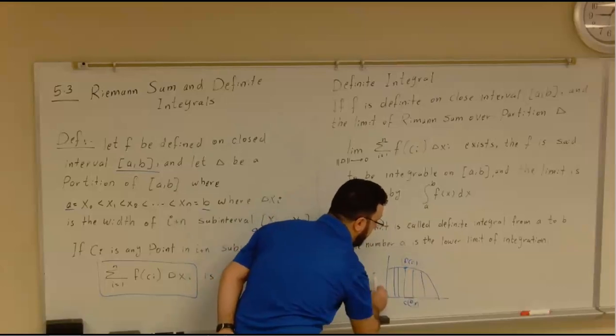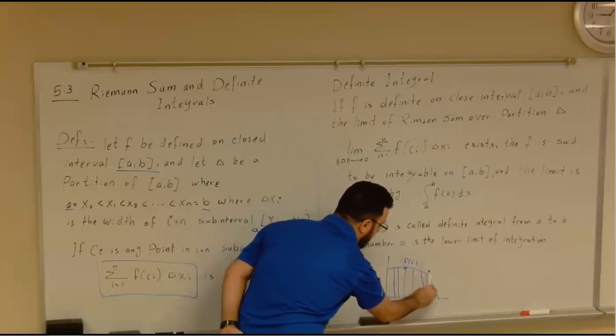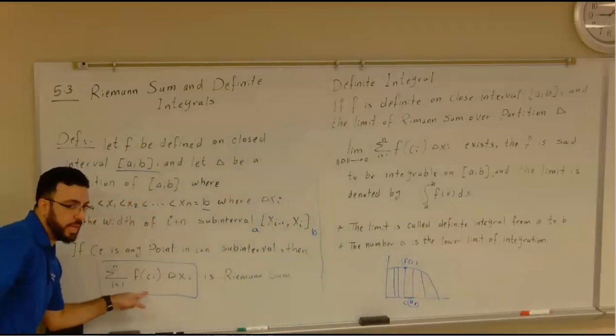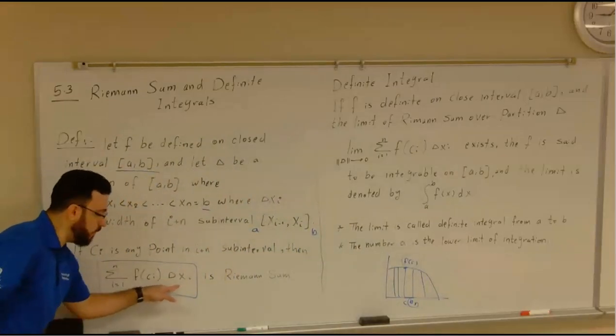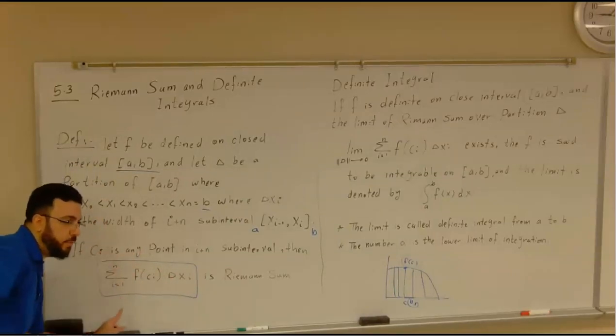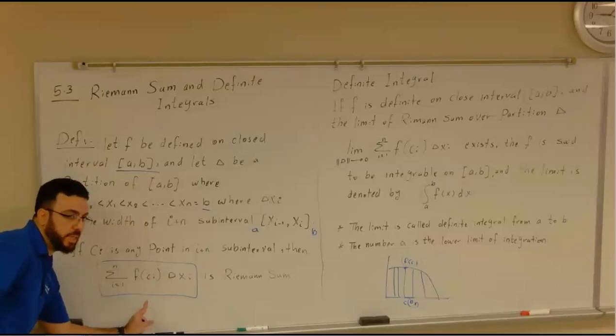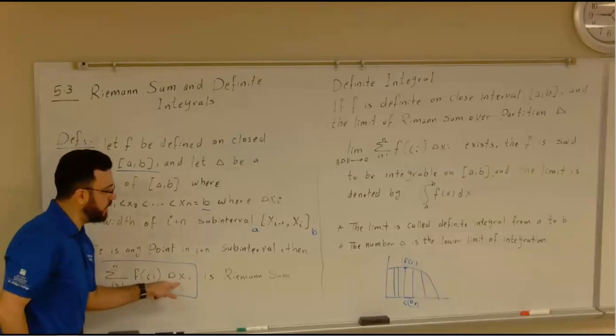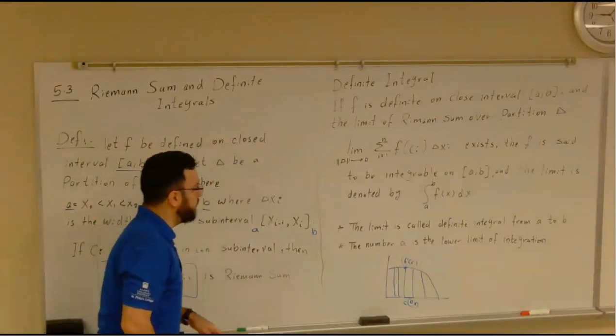What about if I need to find the area for all the rectangles? I'm going to say the length for each rectangle times the width for each rectangle, but I have to do the sum. The sum for the first rectangle plus the sum for the second rectangle, and keep going. So the sum for all rectangles is called a Riemann sum.